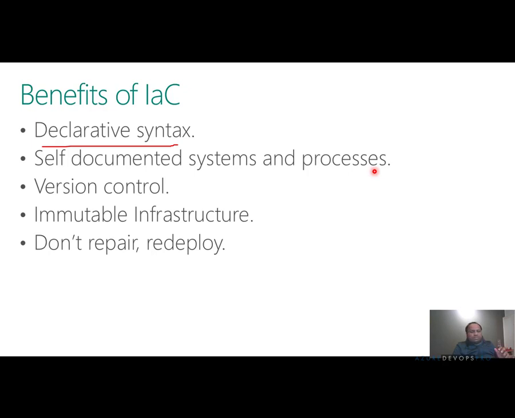Something goes wrong, something goes south, okay, go ahead, delete it, redeploy it, or maybe deploy a new instance, test it, make sure everything works as expected, swap it, destroy the old one, deploy the new one, and then you are good.